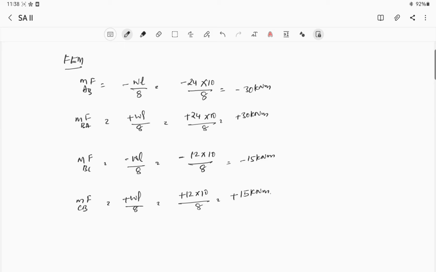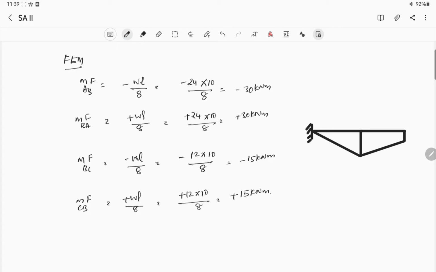How to calculate moments due to sinking? See here, this is my beam, right? Support B is sinking by 200 by EI, support C is sinking by 100 by EI. Once you join like this, this is how the beam will get deflected. This is fixed end.